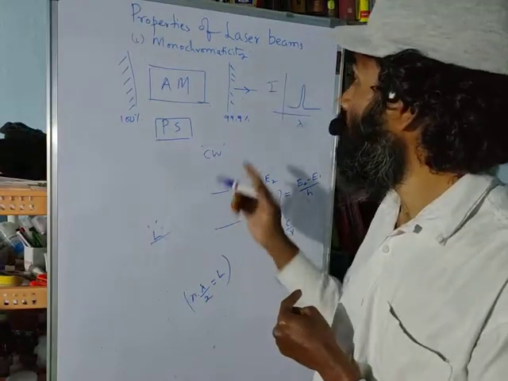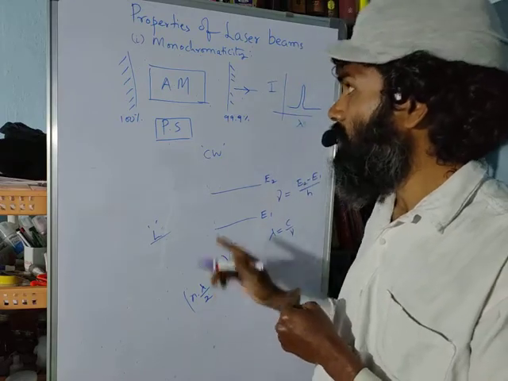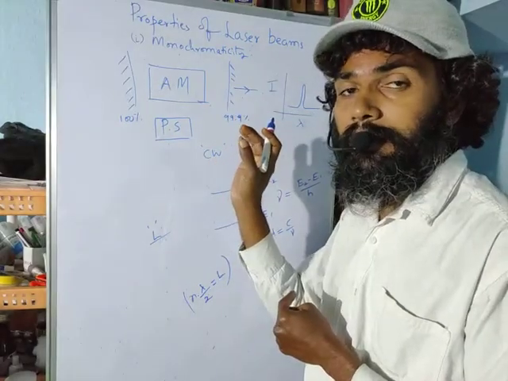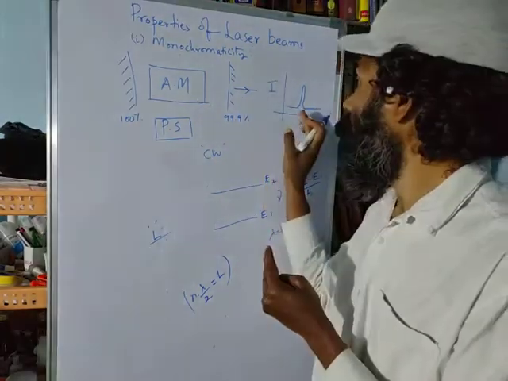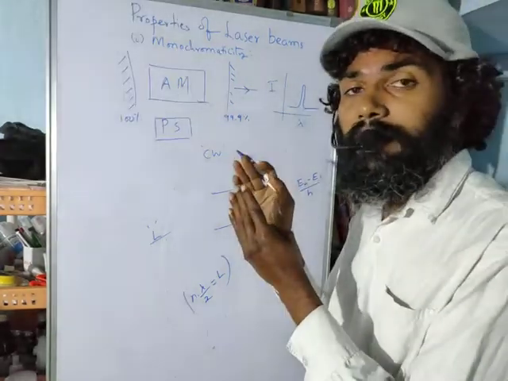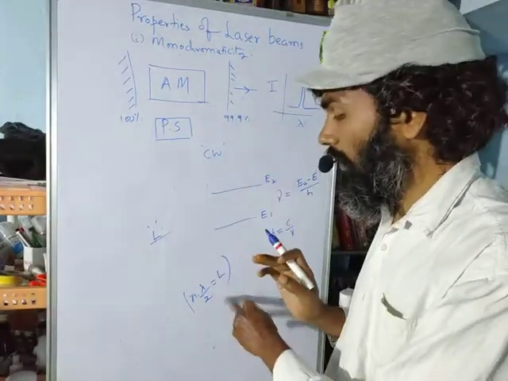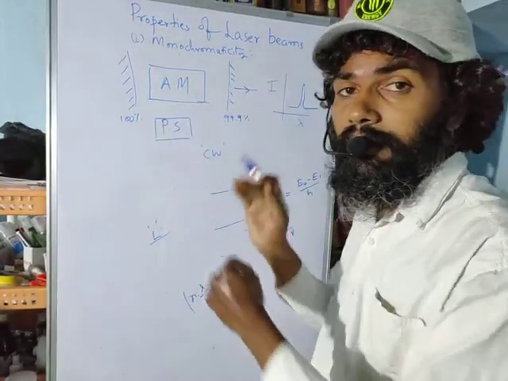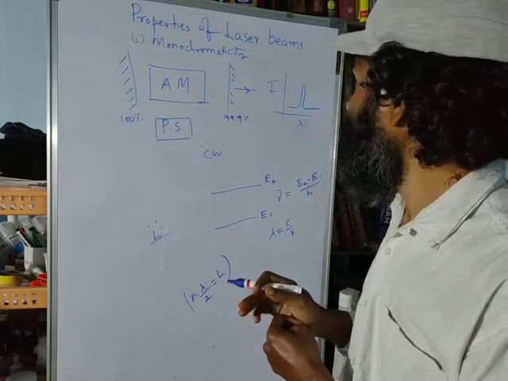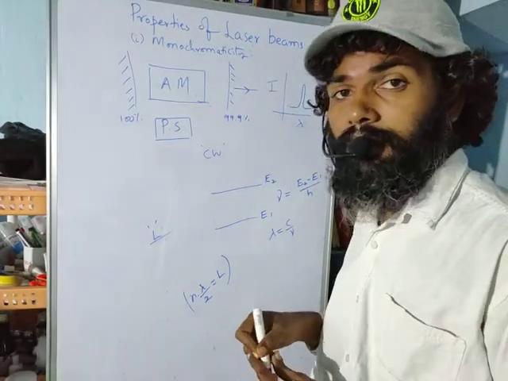So only the wavelength which comes out as a spike will be supported, but any waves with wavelength slightly lesser or slightly more will be suppressed by the resonance condition inside this laser cavity. That's the reason why we get a monochromatic laser output.